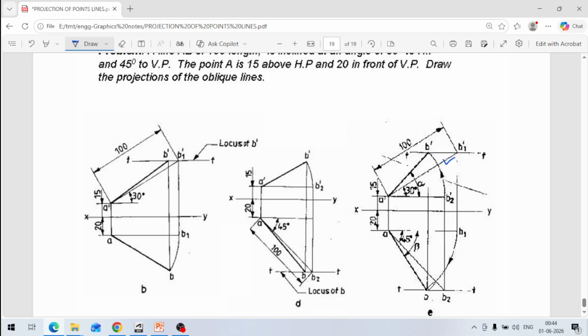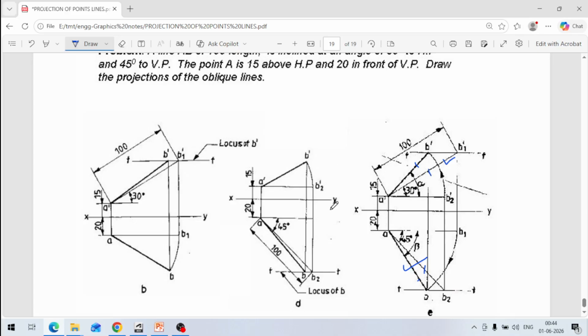When this arc meets at this point, this point becomes the end point of the line, this projection here. So this is the actual projection, shortened, and this is the true length. This is the true length, and this is the projection. Similarly, here also, this is our projection, and this is our true length.